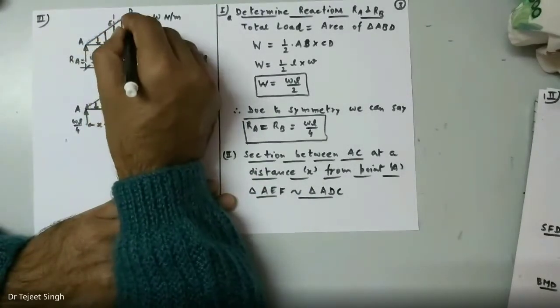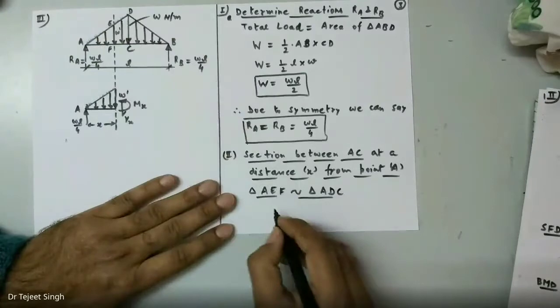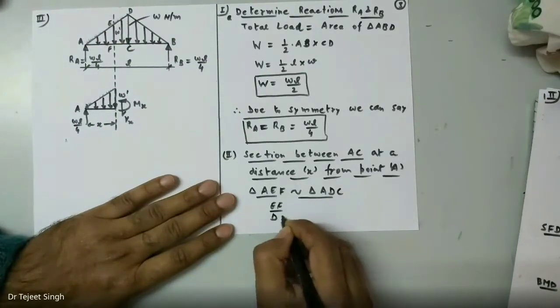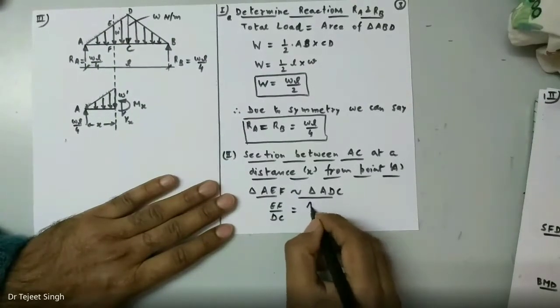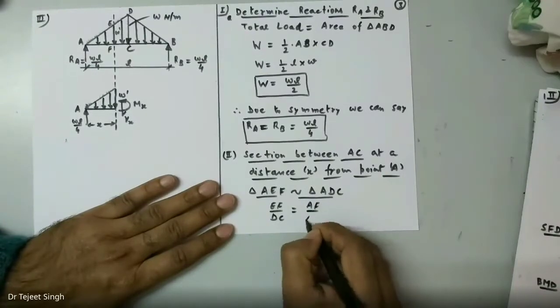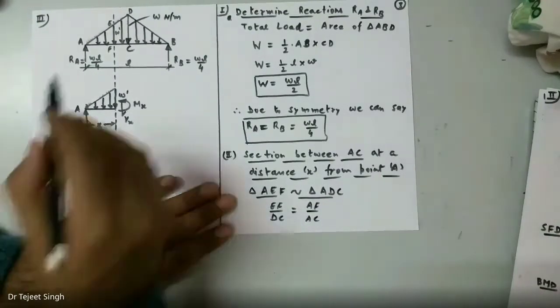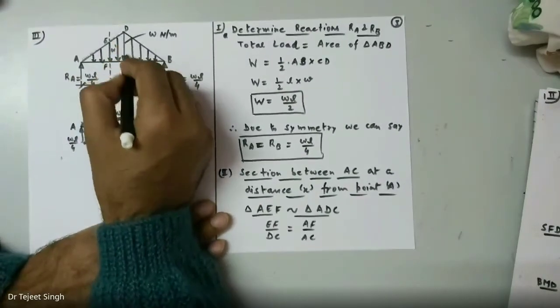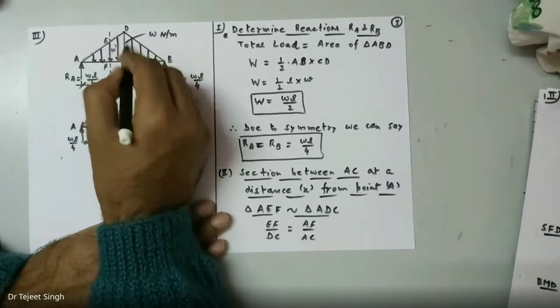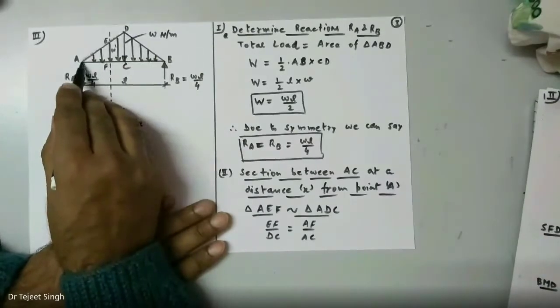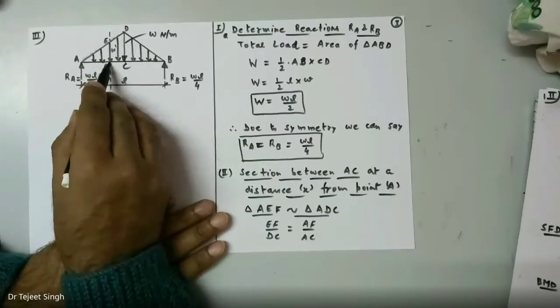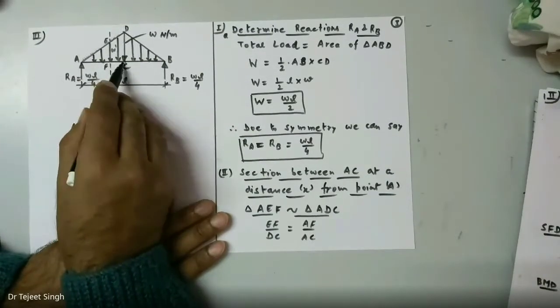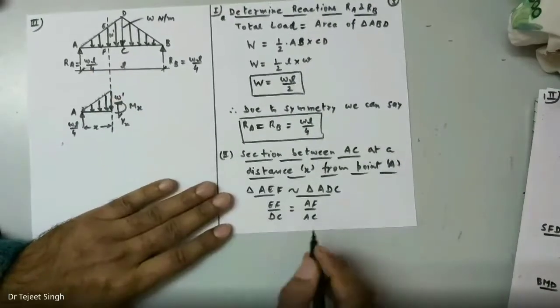So EF upon DC is equal to AF upon AC. Okay. So this EF is W dash and this DC is equal to W. So दोनों की रेशियो ले ली मैंने. फिर ये वाली रेशियो AF is the base of small triangle and AC is the base of bigger triangle. Right.